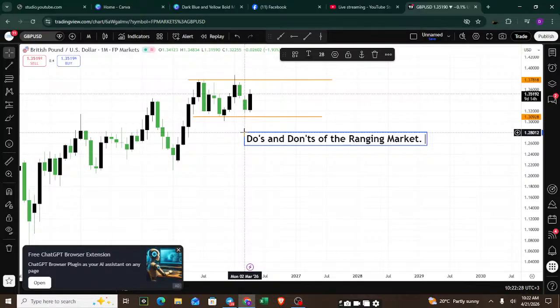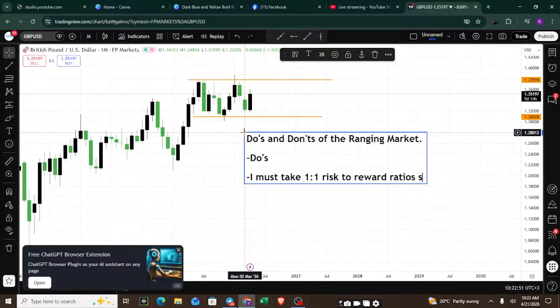Number 1, do's. So the do's for this market is that I must take 1:1 risk to reward ratios seriously, because price changes immediately. You see the way price is ranging on the monthly time frame, that is the way price is also ranging in the weekly, daily.